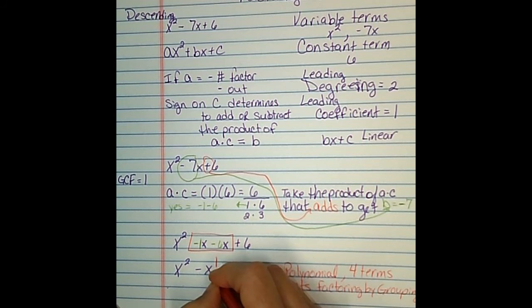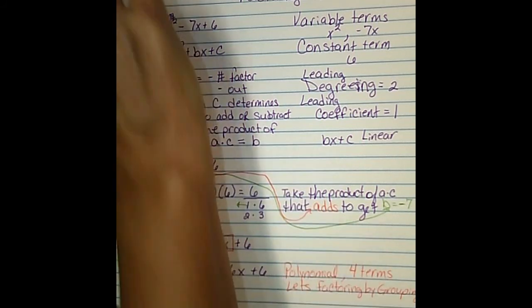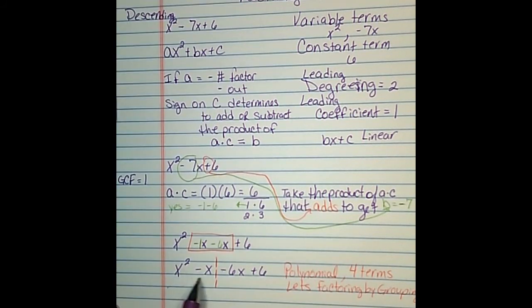So I'm going to split this in half, and I'm going to just focus on these 2 terms here and worry about the next side in a little bit. What I see here is that I have x squared and negative x. So I can factor out an x, right? And if I factor out an x, it's the same as saying let's divide by x, right?